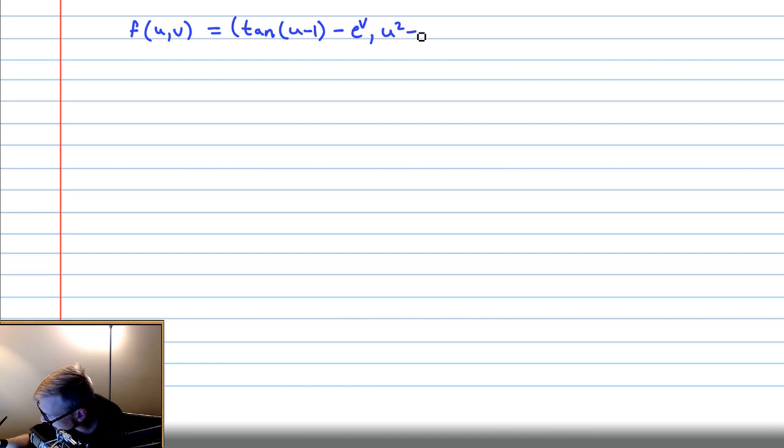Let's do the next one. Well, this is a little more calculable. We've got f of u comma v is equal to tan of u minus 1, closed, minus e to the v, comma u squared minus v squared, and g of xy is equal to e to the x minus y comma x minus y.